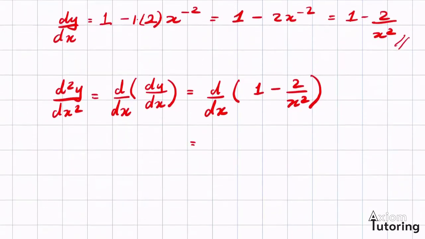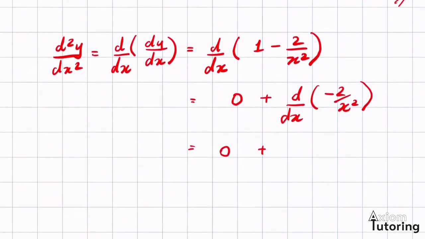And so we go through the same process again of differentiating each term. If we differentiate a constant, we always get 0, so that's nothing. And then all that's left for us to do is to differentiate this term here. In fact, I'll just write 0 first, as we get 0 from differentiating a constant. And then what we have here is plus d over dx of minus 2 over x squared.